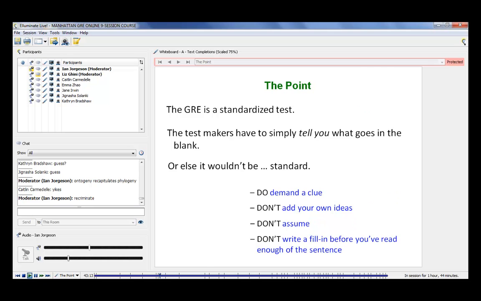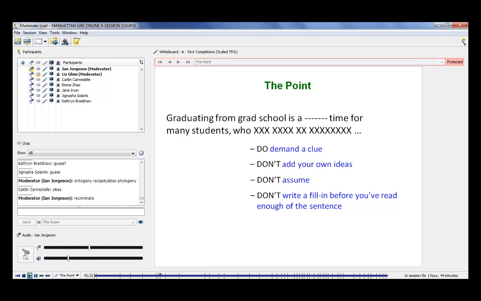Before I switch over to the next screen, let me cover up the bottom part from you guys real quick. Really the point I want to make about the next screen is this idea that we really want to make sure that we find the clue. So let's look at this sentence now. Graduating from grad school is a blank time for many students who blah, blah, blah.